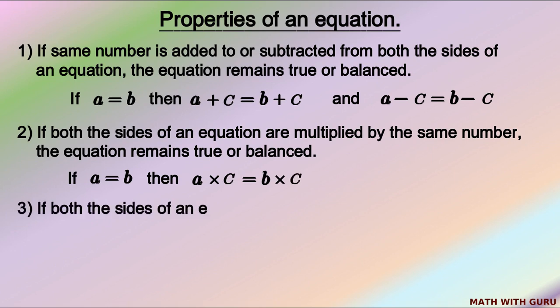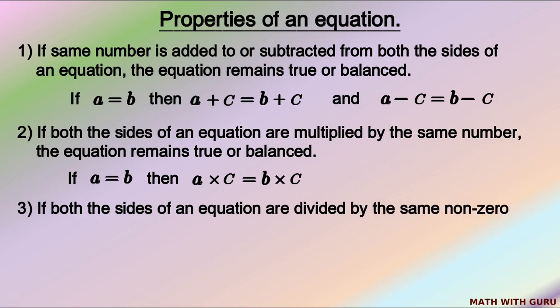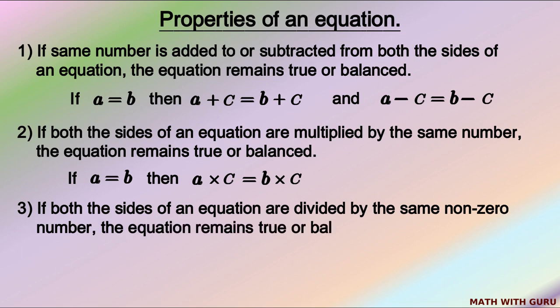The third property is, if both sides of an equation are divided by the same non-zero number, the equation remains true or balanced. Why non-zero number? Because we cannot divide by 0.